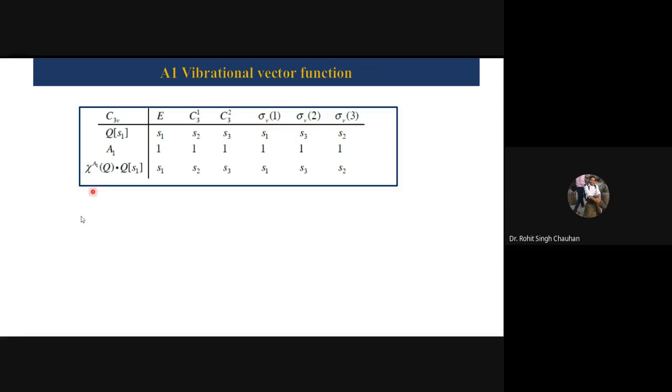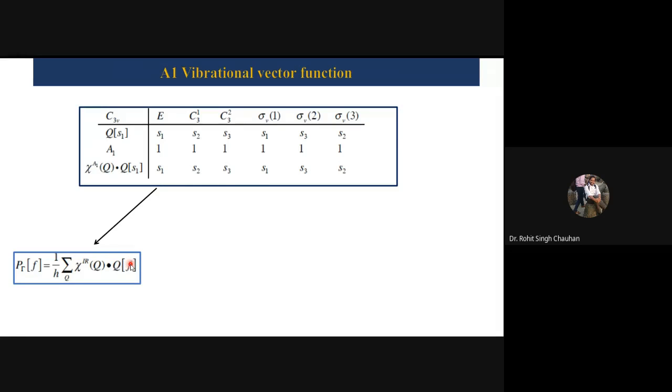So the next step is the multiplication of Q S1 with A1. S1 multiplied by 1, what information will come? S1. Again S2, S3, S1, S2, S3. In short, nothing is going to change after multiplication by 1 with a positive sign. Now this is the projection operator formula, where it is written as 1 by h, summation of chi for irreducible representation R, Q operating on a particular bond vector.